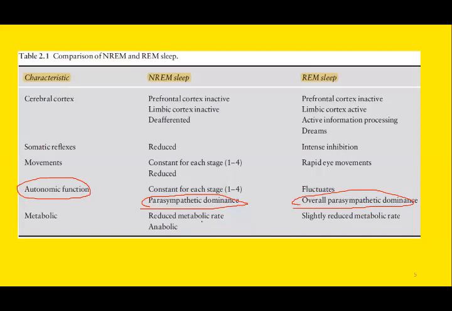Moreover, there is a reduction in the metabolic rate in either stage, whether REM or non-REM. The basal metabolic rate is reduced, although there is slight anabolism in non-REM. During REM sleep, the limbic system is slightly active, as one experiences dreams during the REM episodes.